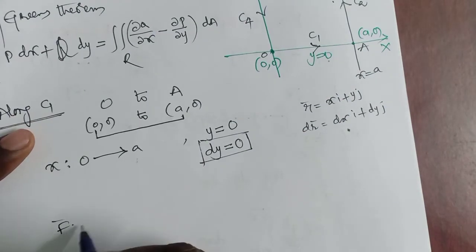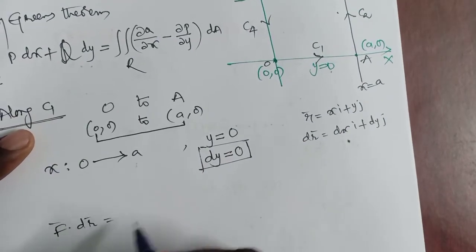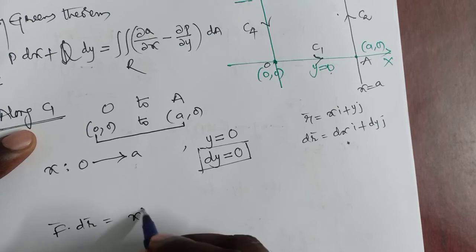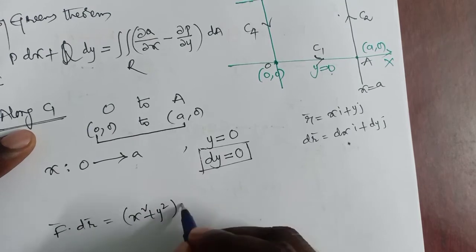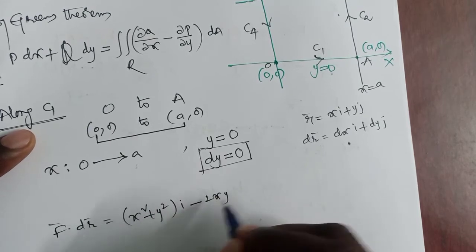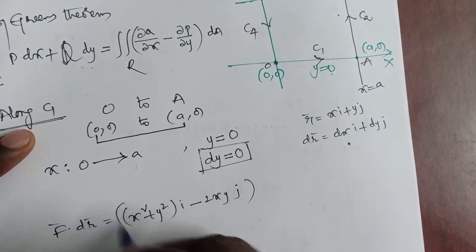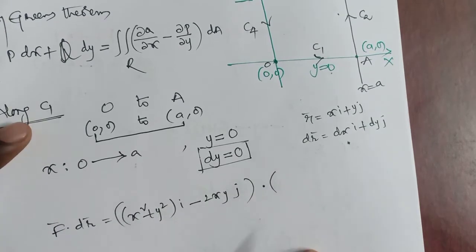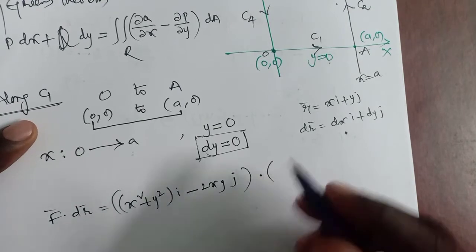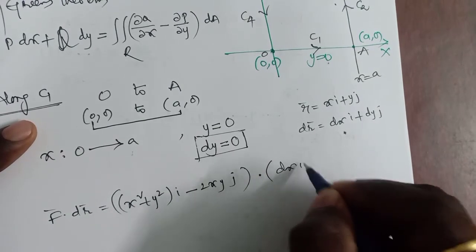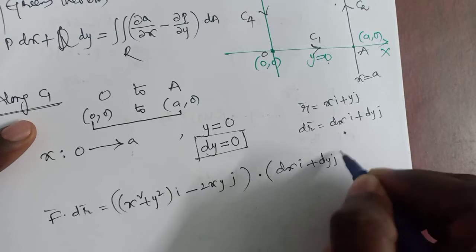So F bar dot dr bar equals (x square plus y square) i minus 2xy j, dot dx i plus dy j. It is not a multiplication, it is a dot product.